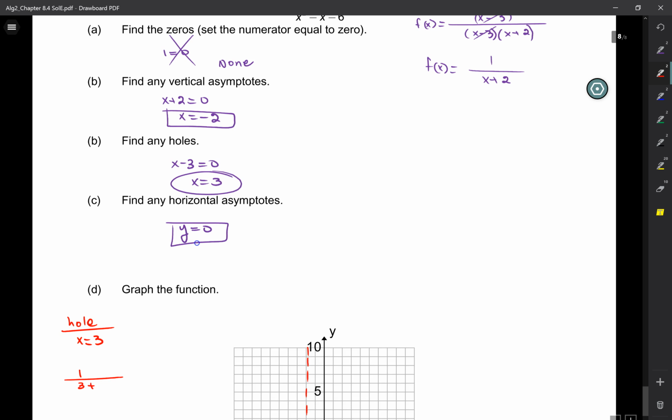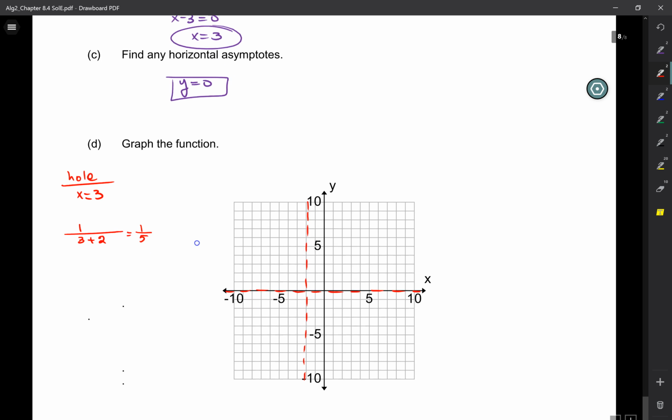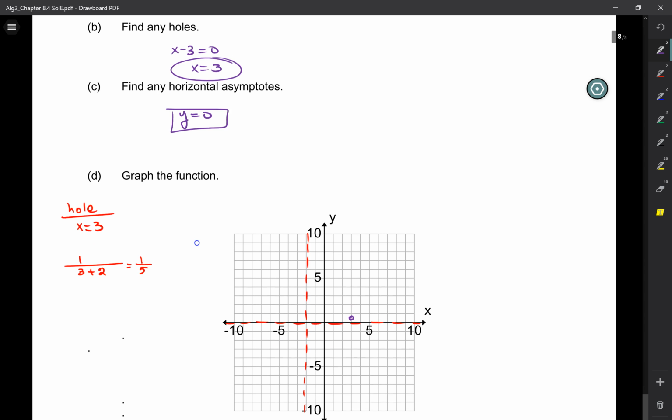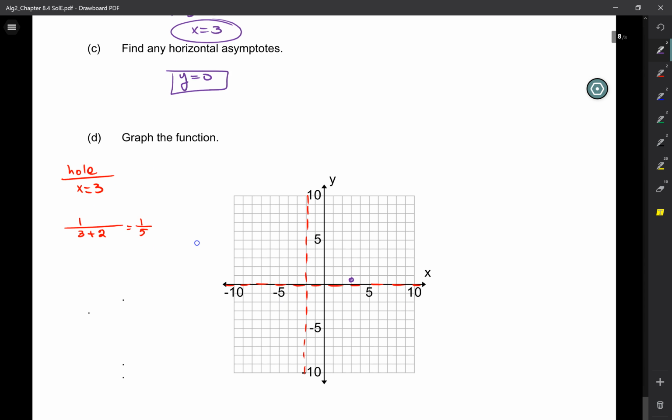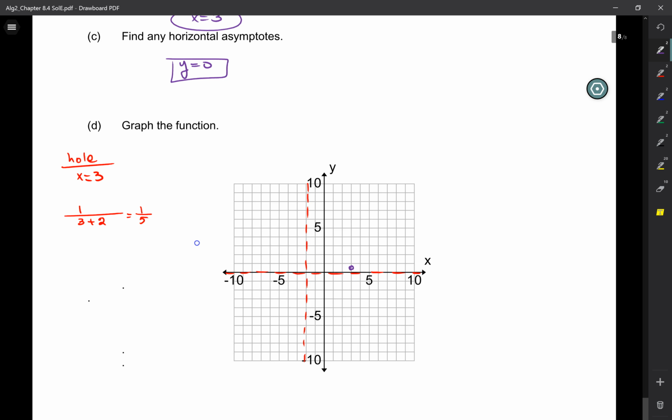Well, it's 1 over 3 plus 2, 1 over 5. So at 3, and 1 over 5, right there. Okay? So I know there is a hole there. That means the graph must pass through there. Here, at 1, 2, 3, and 1.5.